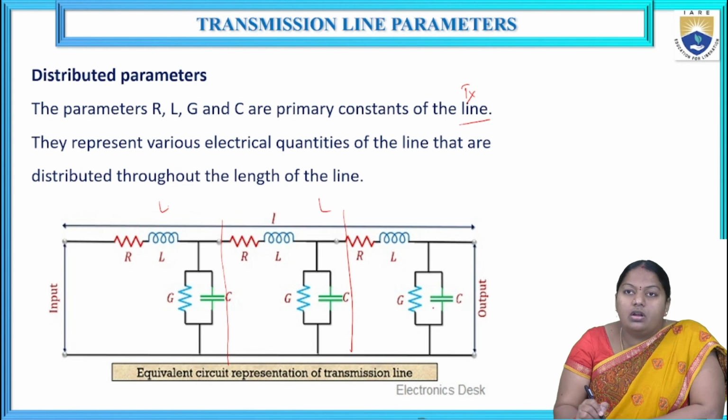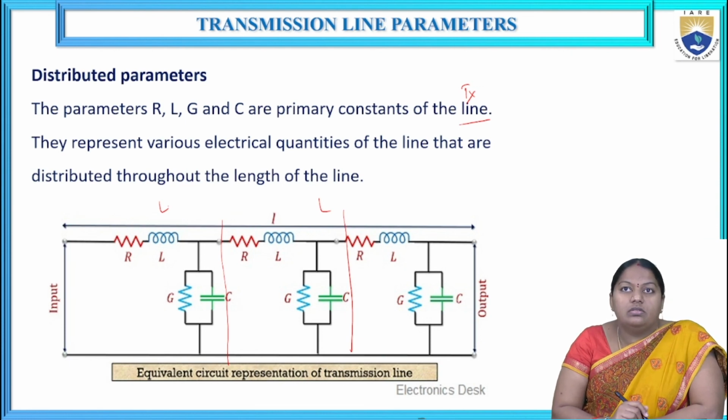If it goes on continuously till the end of the physical connection between source and destination, and each lumped parameter network is distributed throughout the length, then the parameters are said to be distributed parameters.